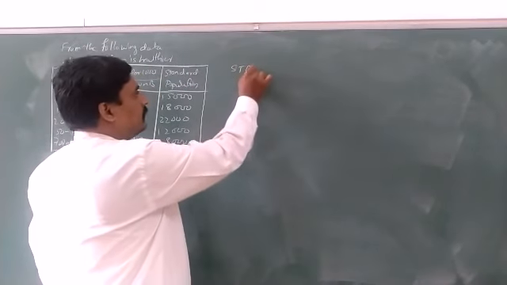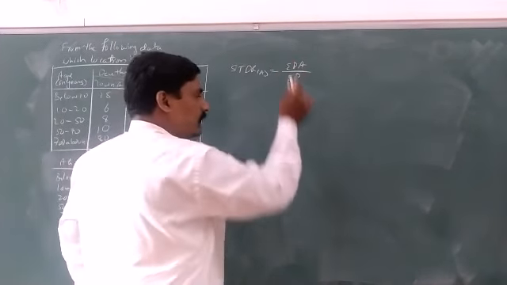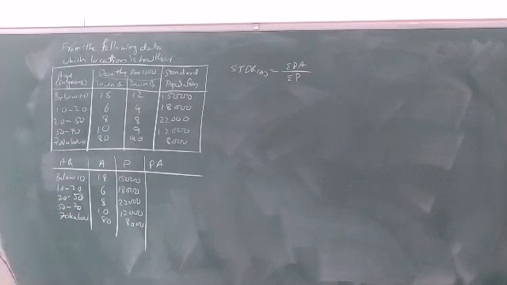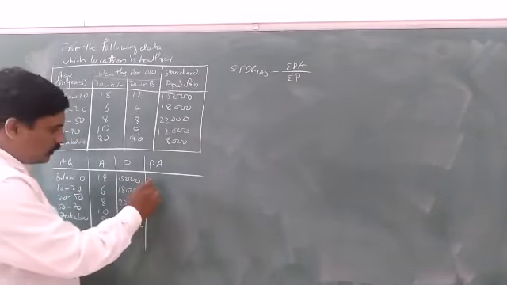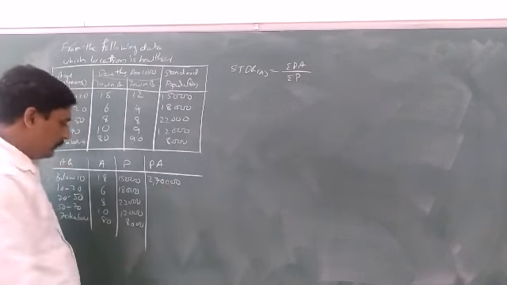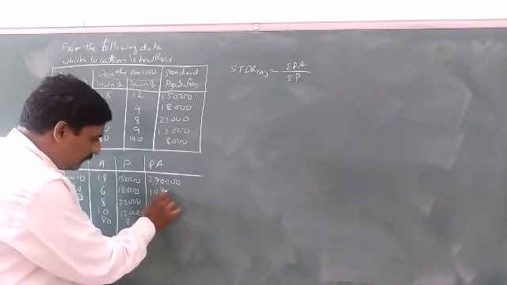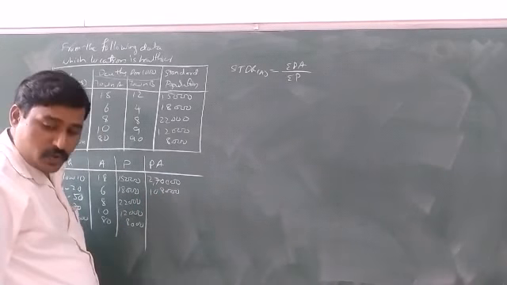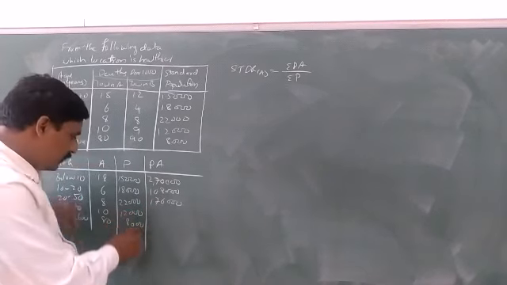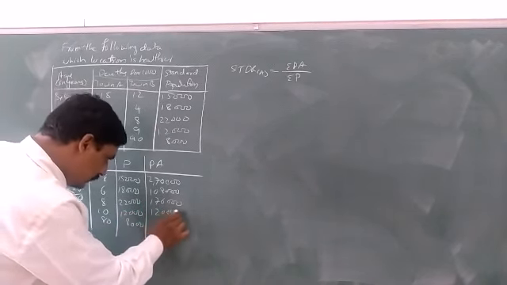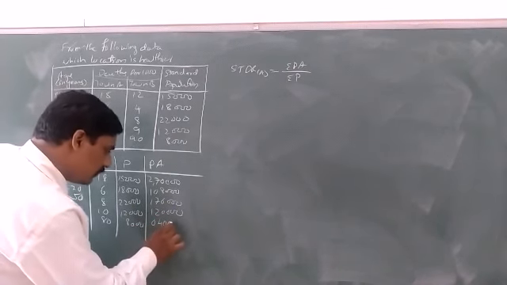So STDR for location A is equal to summation PA divided by summation P. So we have to calculate the PA column now. 18 into 15,000, we get 2,70,000, and next 6 into 18,000 is 1,08,000, and next 8 into 22,000 we get 1,76,000, and 10 into 12,000 is 1,20,000, and last 80 into 8,000 is 6,40,000.